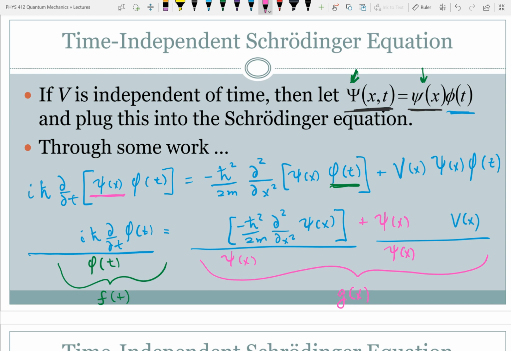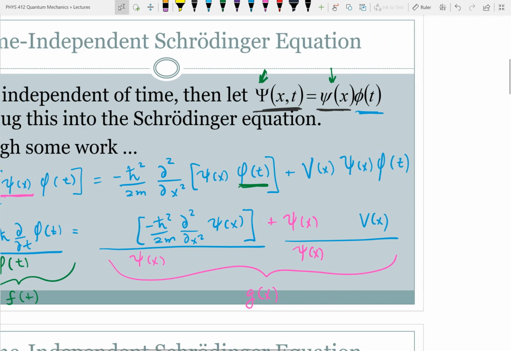How can I have a function of time equal to a function of position? There's only one way. The only way that works is if this is equal to a constant. That's the only way it's going to work out.